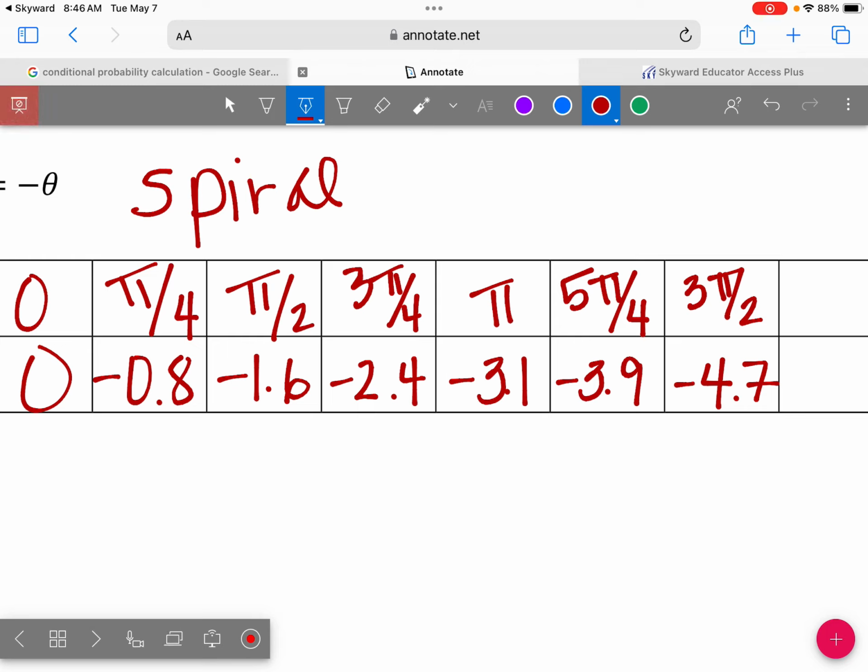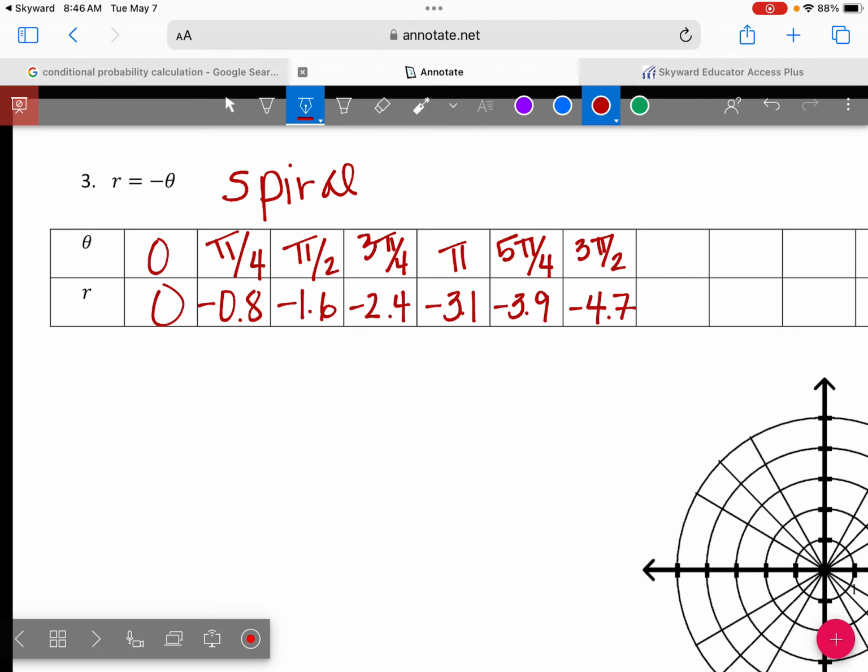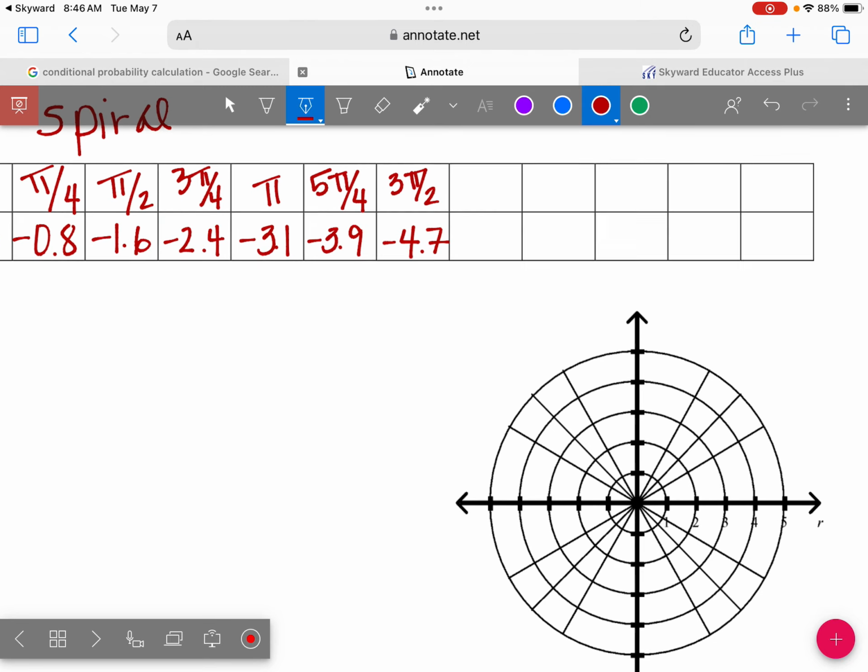All right, who had those numbers in their table? So they're all negatives, which means we're going to go backwards. So we're going to start off at 0. 0 is 0. And then at pi over 4, -0.8, I'm going to go backwards.